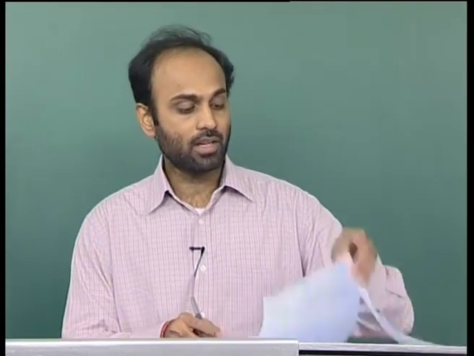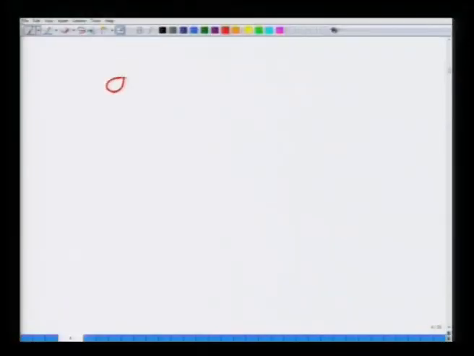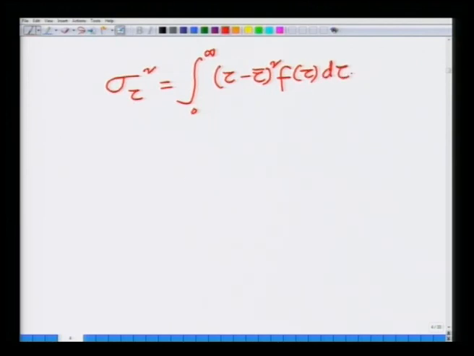Now, let us compute the RMS delay spread. The RMS delay spread is given by sigma tau square, which is the integral from 0 to infinity of tau minus tau bar, squared, times f of tau d tau. This is nothing but the integral from 0 to infinity of tau minus beta, squared, times 1 over beta e power minus tau over beta d tau.